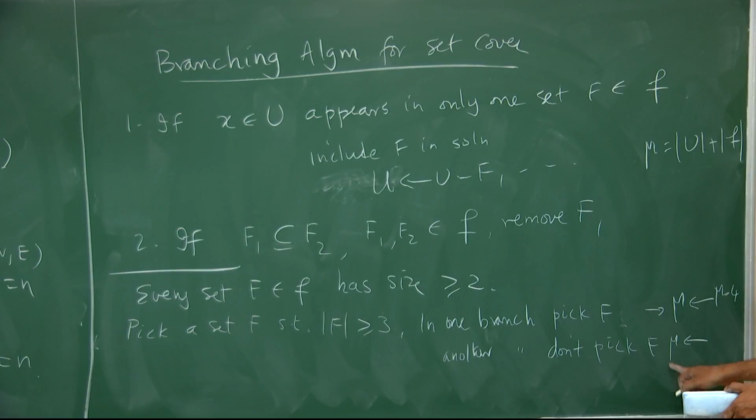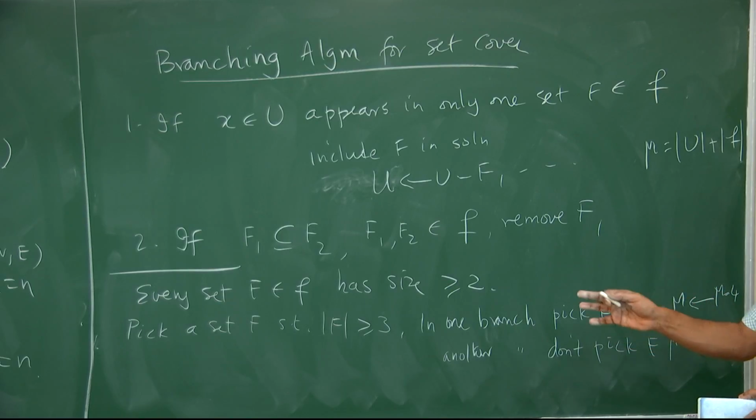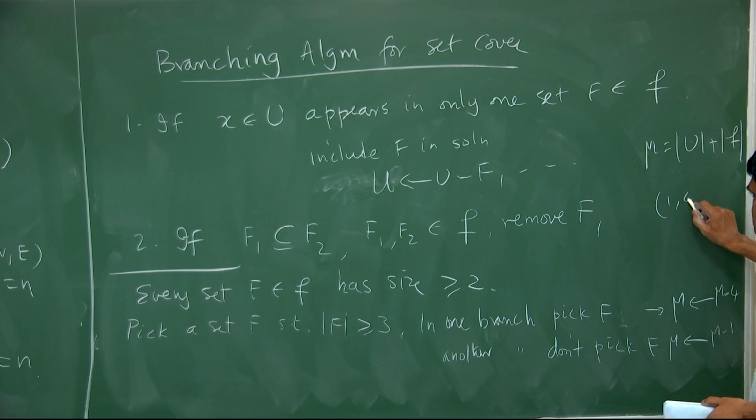Okay, what happens here? I don't pick F. I just drop F from the family. That's all. I don't do anything else. So it drops by 1. So what I have is a 1-4 branch.